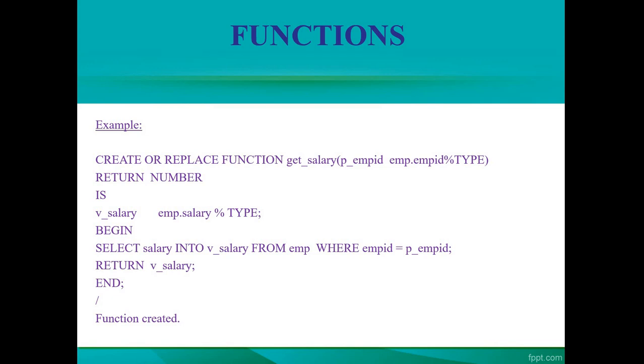I am going to pass the value in this parameter, and based on that, I select the salary and store it into v_salary. In a function, we can't print using dbms_output.put_line. Instead, we are going to return a value. A function should contain a return statement, so I give RETURN v_salary, and I end this function with the keyword END. Now the function is created.